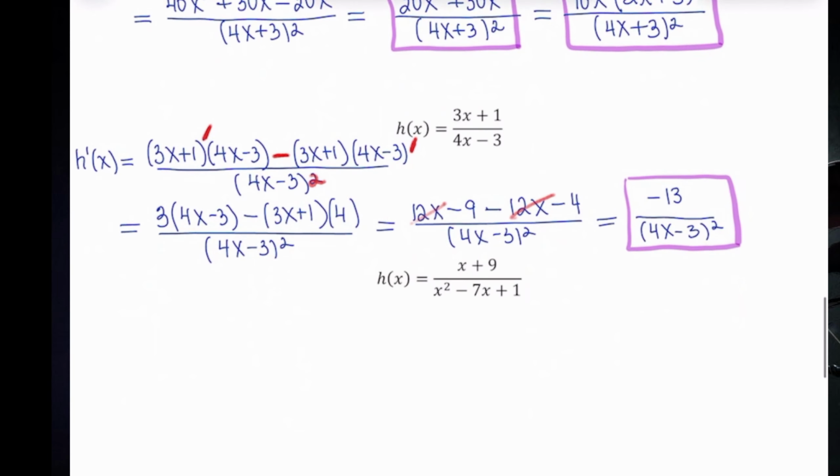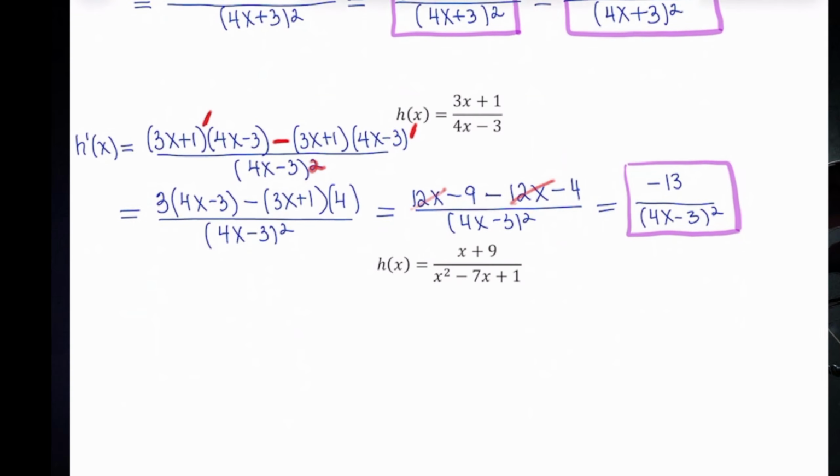Here is another rational function, x plus 9 in the numerator, and then x squared minus 7x plus 1 in the denominator. Let's compute the derivative here. We recognize that our function is a ratio of two polynomials. So let's set this up.